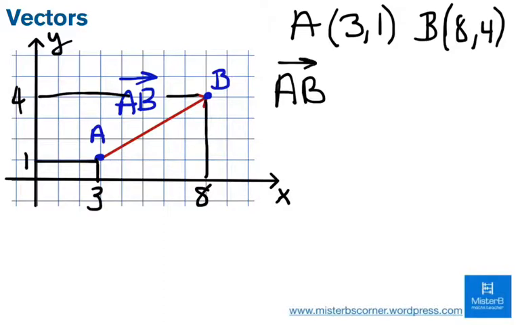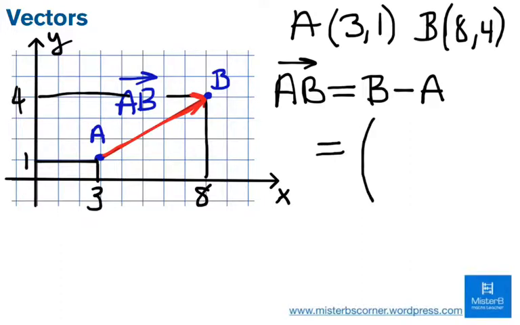AB is nothing but the difference between the final, because this is where it ends, right? It starts from A and it ends in B, right? So I'm going to calculate the difference between final and initial. So I can write the column vector like this. At the top will be the x values, the horizontal values, and at the bottom will be the y values.